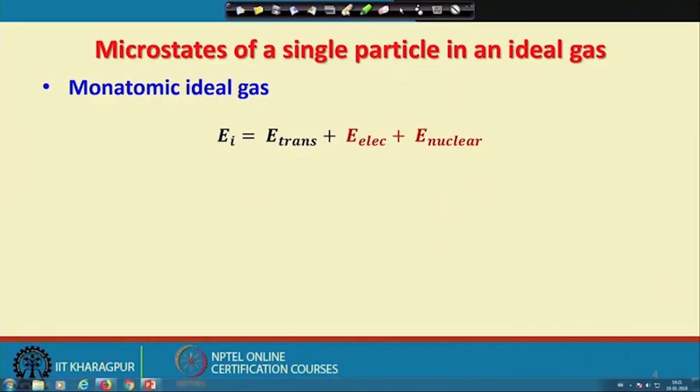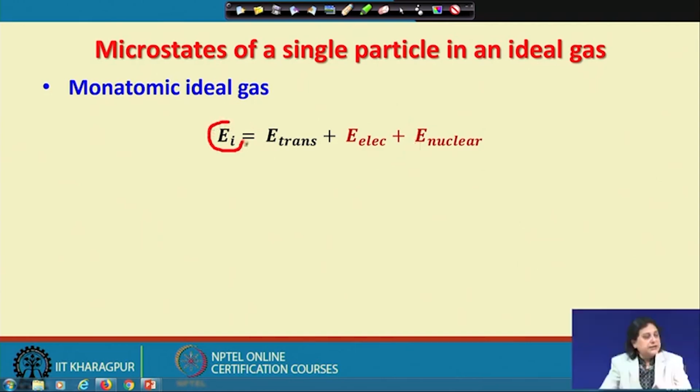If you would remember, for monatomic ideal gases, for every atom present in the system, the allowed values of energy for this single atom could be separated into the contribution of the translational motion of the atom as a whole within the volume in which it is confined, and a sum of electronic and nuclear energies which are associated with the underlying microscopic structure of the atom itself.